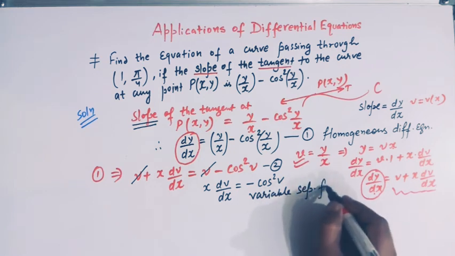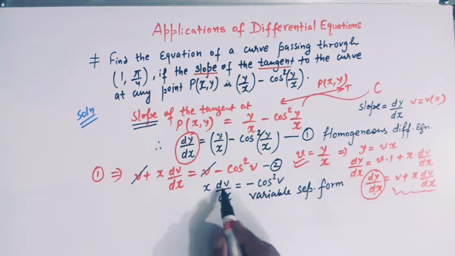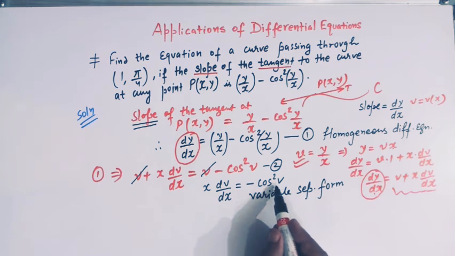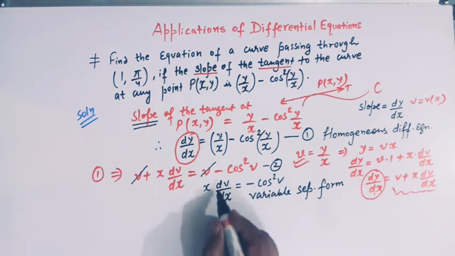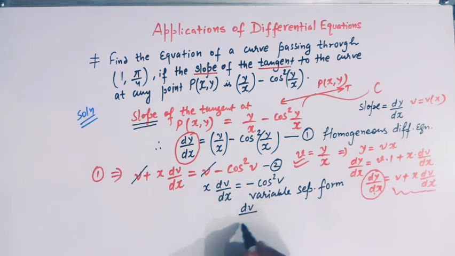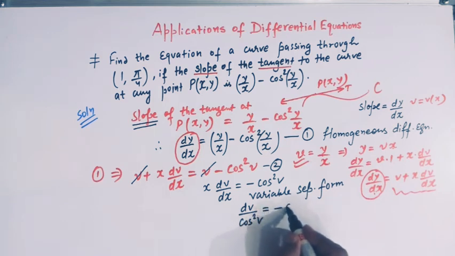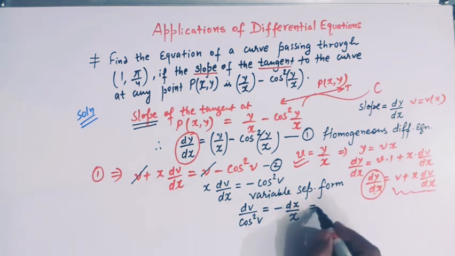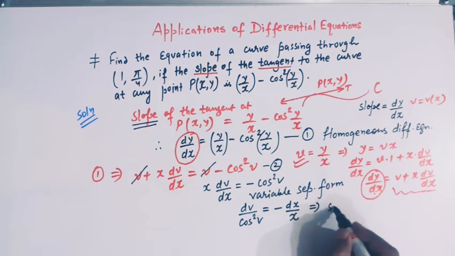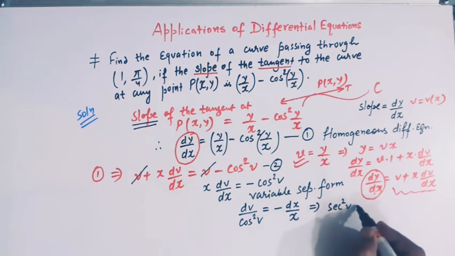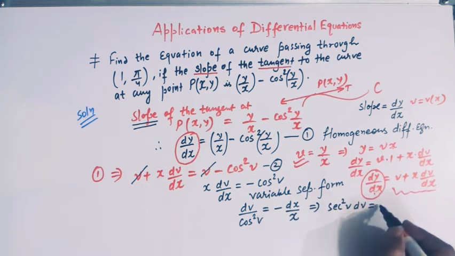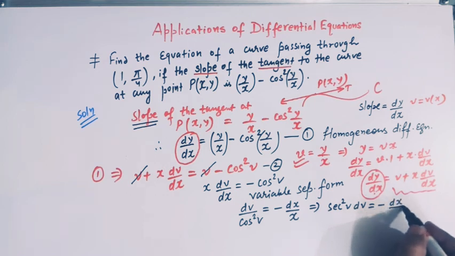Here we can separate the variables by writing dv/cos²v = −dx/x, and this can further be written as sec²v dv = −dx/x.